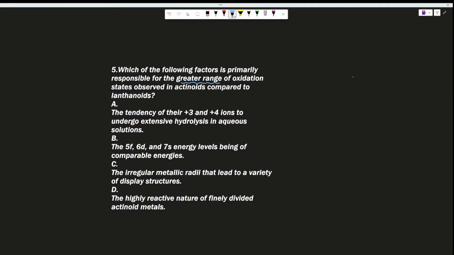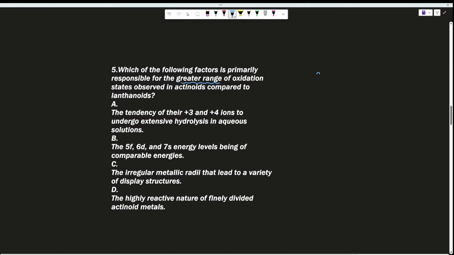Usually only the outermost shell electrons participate, but in d block elements both s and d electrons participate, due to the small energy gap between d and s orbitals.